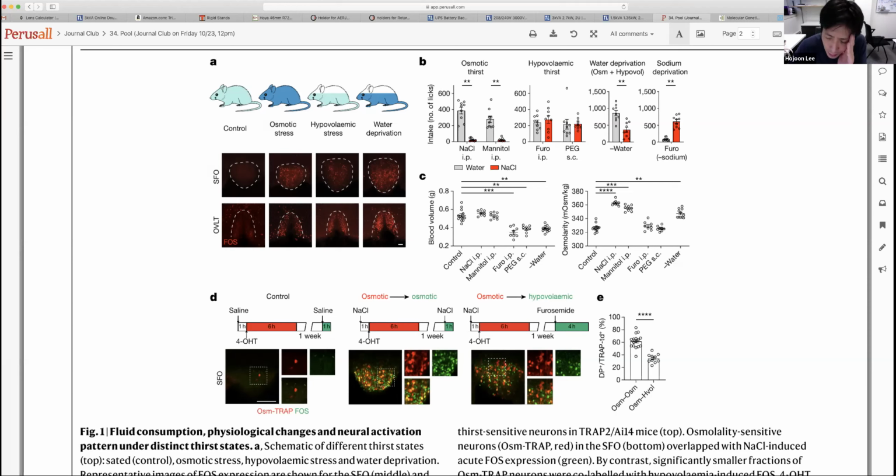What's the reason behind that? I guess if we assume that hydroxytamoxifen is instantaneously working, so that as soon as you inject hydroxytamoxifen, the Cre translocates into the nucleus and does the recombination at that moment, then you would be capturing the effect of NaCl 1 hour later, which is exactly what you're doing with c-Fos, kind of.